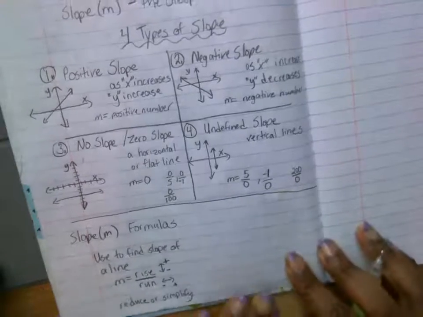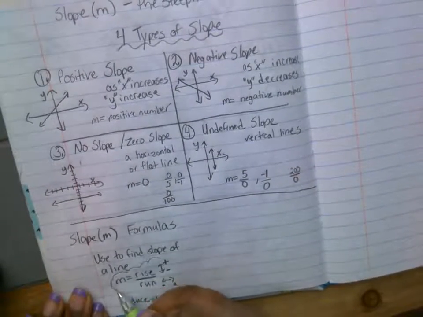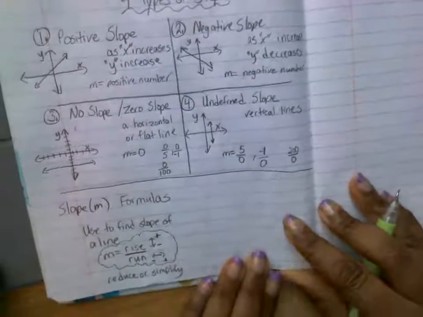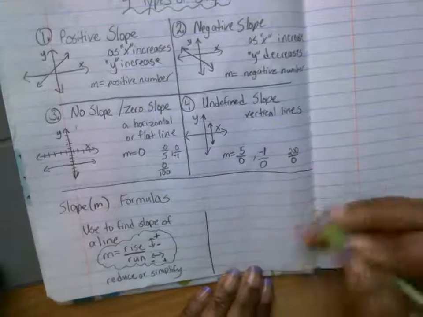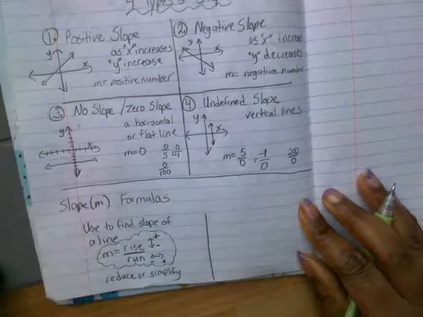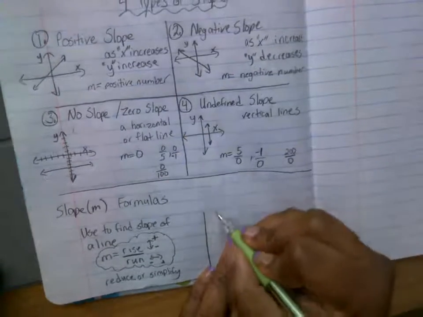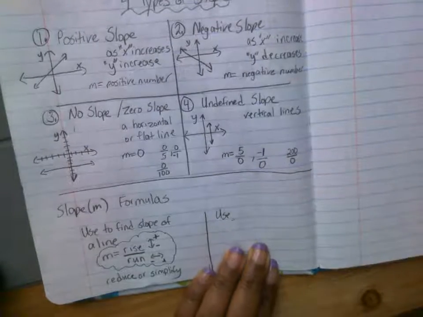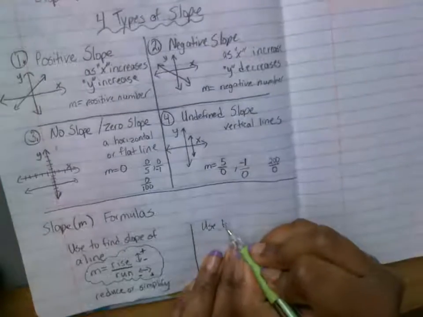Okay. The second formula, let me put this in a bubble so you can see it. This is the formula you use to find the slope given 2 points. Can you repeat, baby?